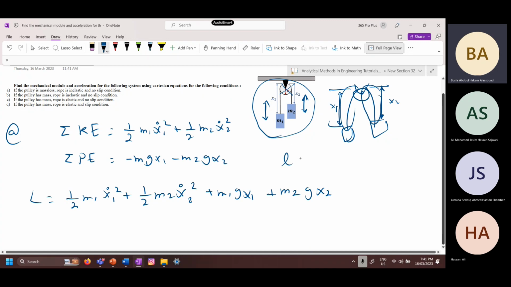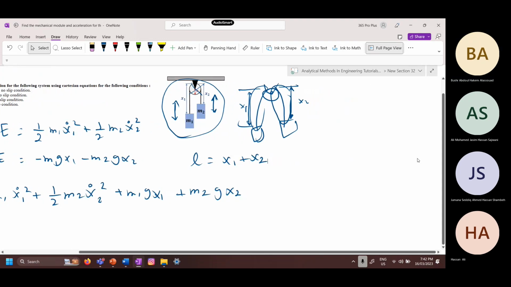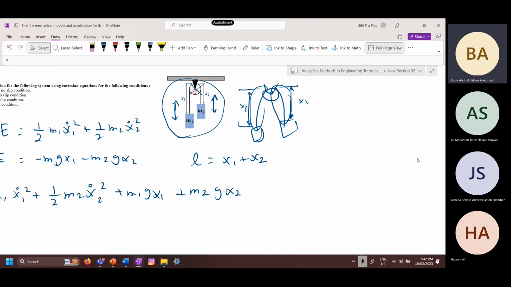So the length of the rope is equal to x1 plus x2. Remember this. Now let's derive the rope with respect to time. You're deriving a constant with respect to time. What's the derivation of this constant? It's going to be equal to 0.